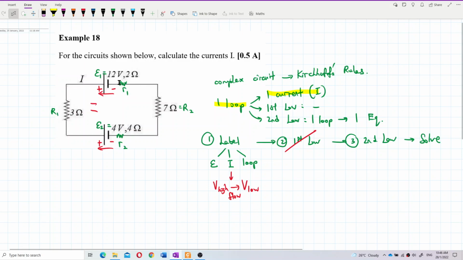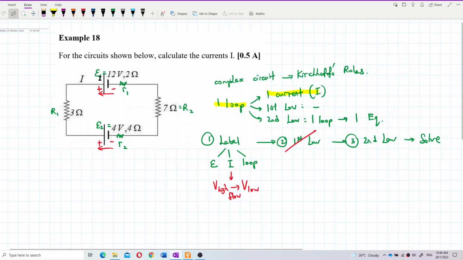So the electric current will be pushed around even harder by E1 compared to E2. E2 pushes with smaller energy, smaller force. So E1 has a bigger force. It will push the current following the direction of E1.